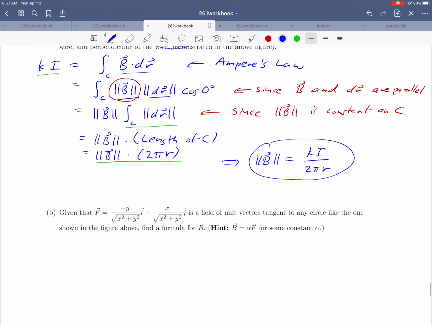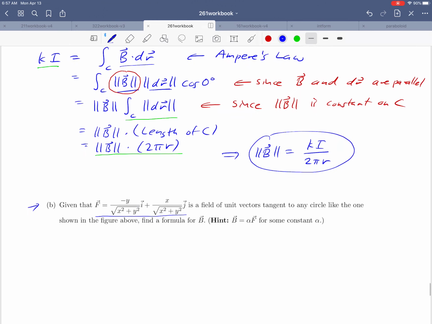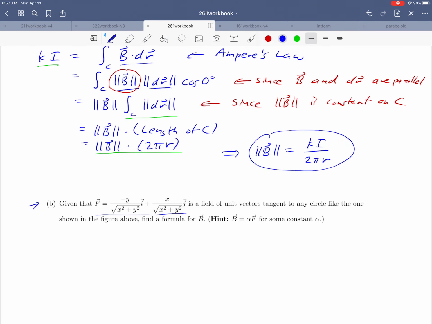Okay, so let's take a look at our next task here then. So part B, they start us off by giving us a vector field of unit vectors that you've seen a few times before in this course. I'm going to leave it to you to page back in the workbook and see if you can find a picture of this vector field, but the key observation is this.